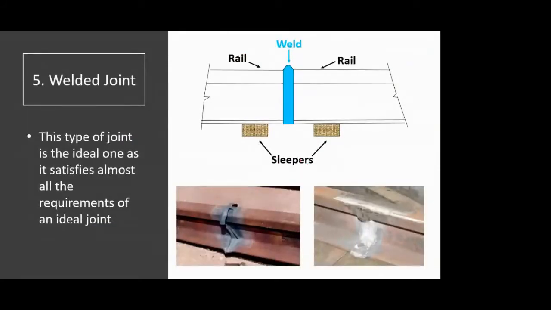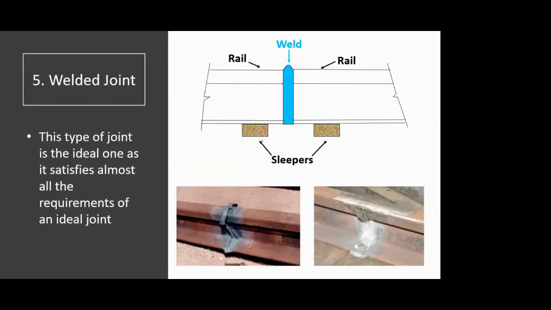Now the next one, which is the most widely used nowadays, is the welded joint. There is no need to explain much: whatever gap is between the two rails is joined with the help of a weld. You all know weld, it's an external metal which is capable of joining two different components.